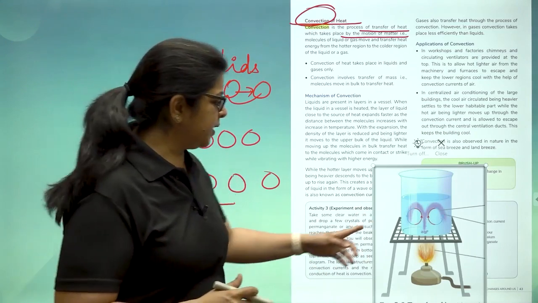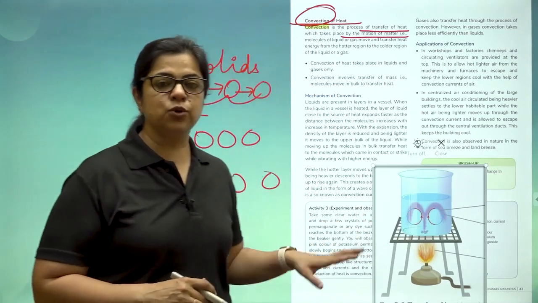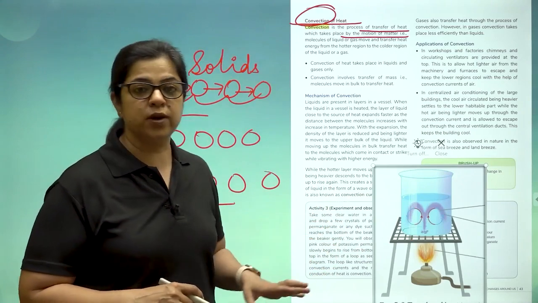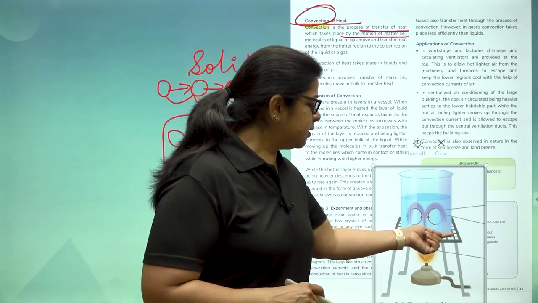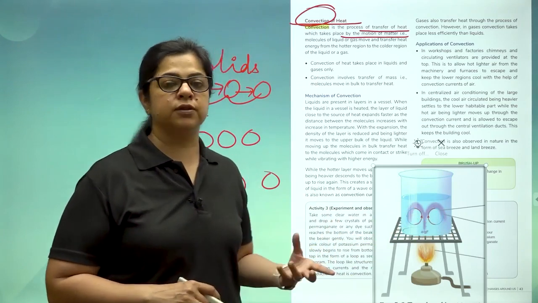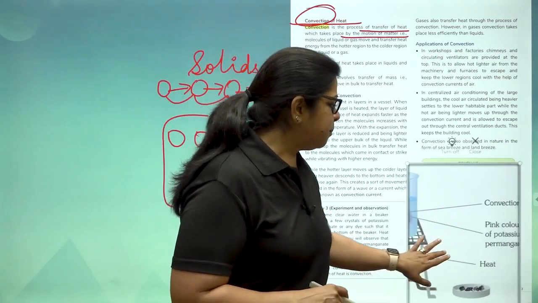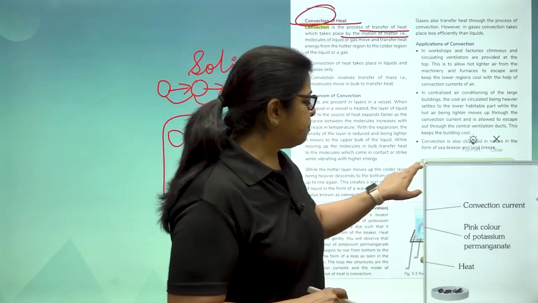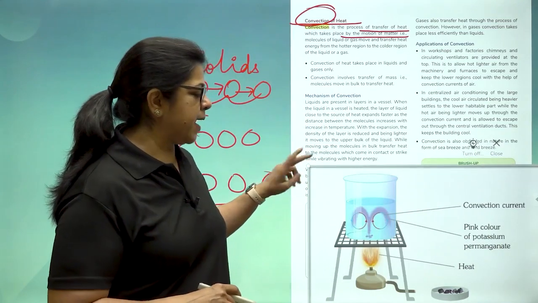So what is happening? As given in this experiment, you will see if you conduct it in the school laboratory that the liquid at the base of the beaker will begin to heat first. So here they have placed a piece of pink colored potassium permanganate.